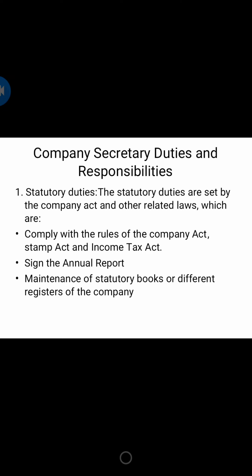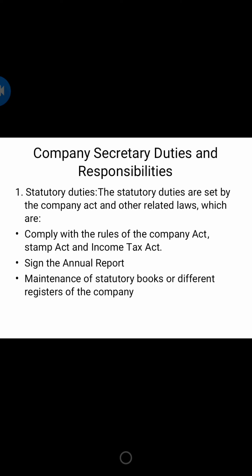So why do you have to have this annual report? Very simple, shareholders have invested their money in the company and they want to know what happened to their investment, what progress the company has made with their investment, and what returns they are going to get. In order to know that, you are going to give a report called the annual report, and it is the duty of the secretary to sign that report.